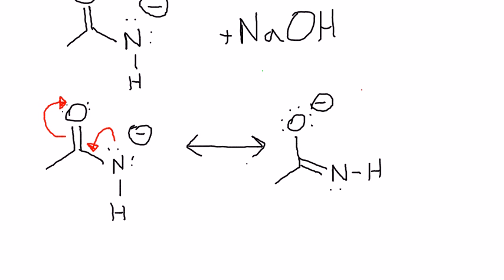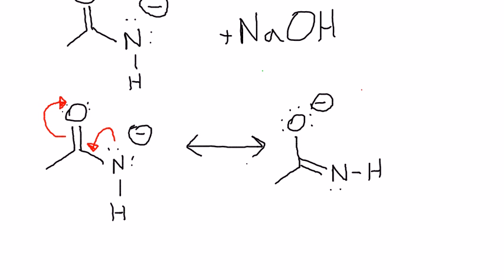So here are our two resonance forms, and between the two resonance forms, all atoms are closed shell, and they each only have one negative formal charge. Now we have to decide which atom can handle this negative formal charge better. We can go back to our trends in electronegativity.